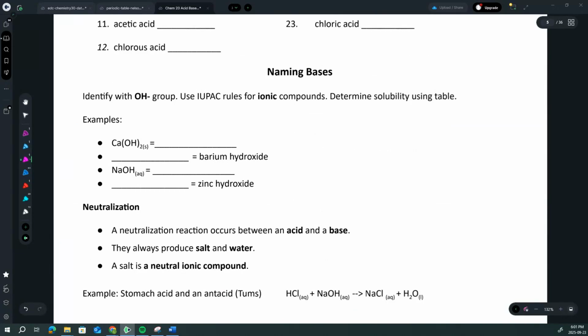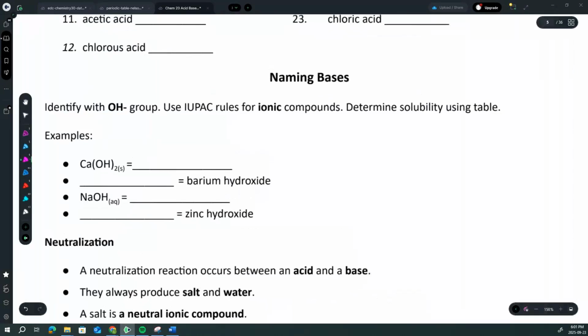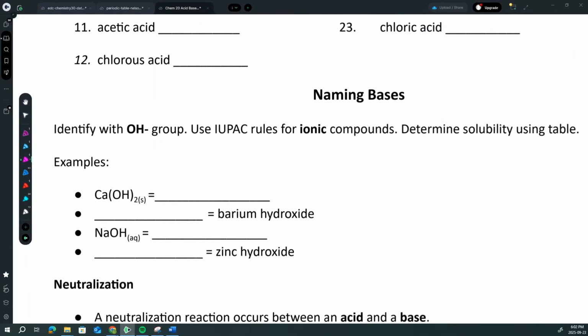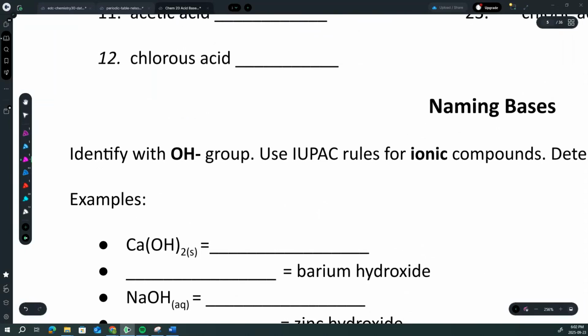All right, now with naming bases, it's less complicated because you don't need to know a new naming system in order to name bases. Bases just follow the IUPAC naming system. Okay, so it's saying here you can easily identify a base if you see a hydroxide group in it.